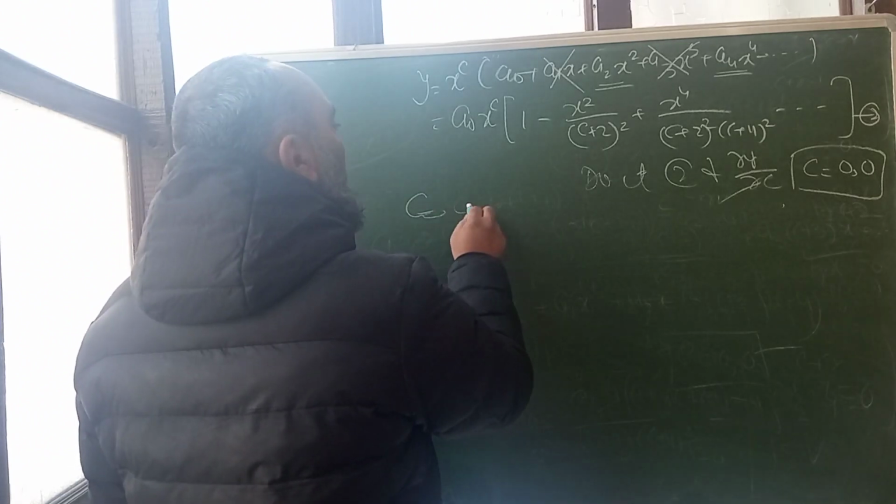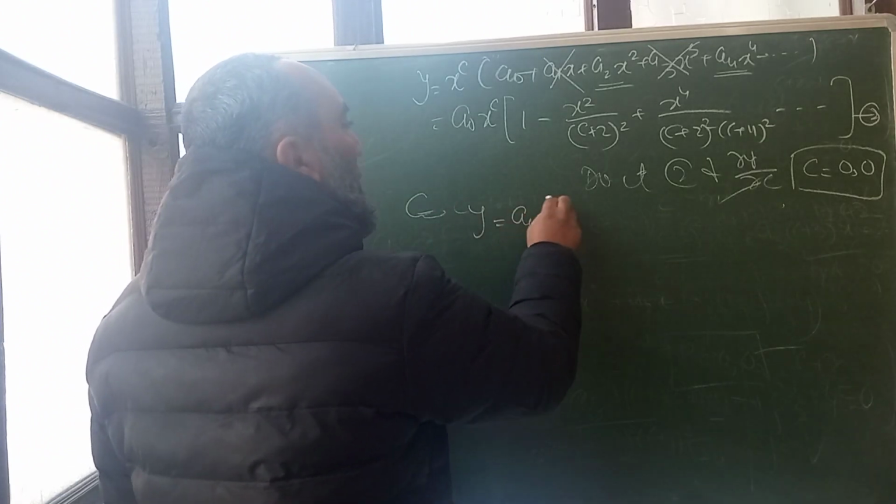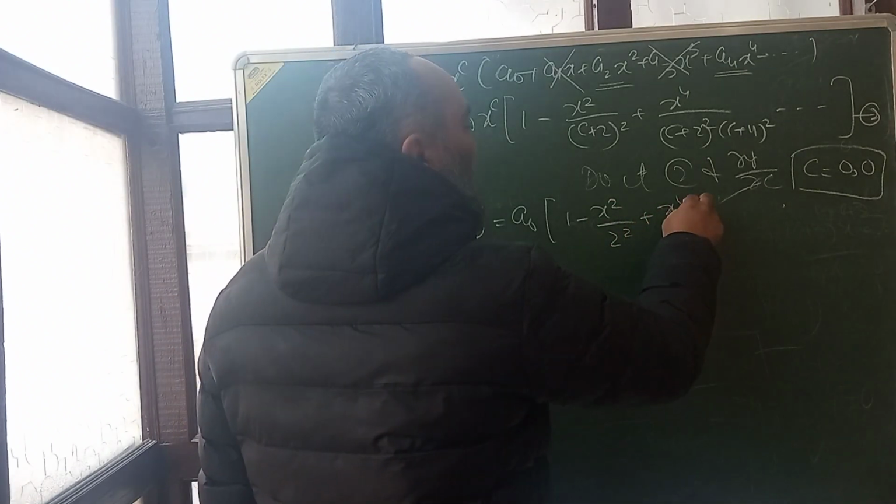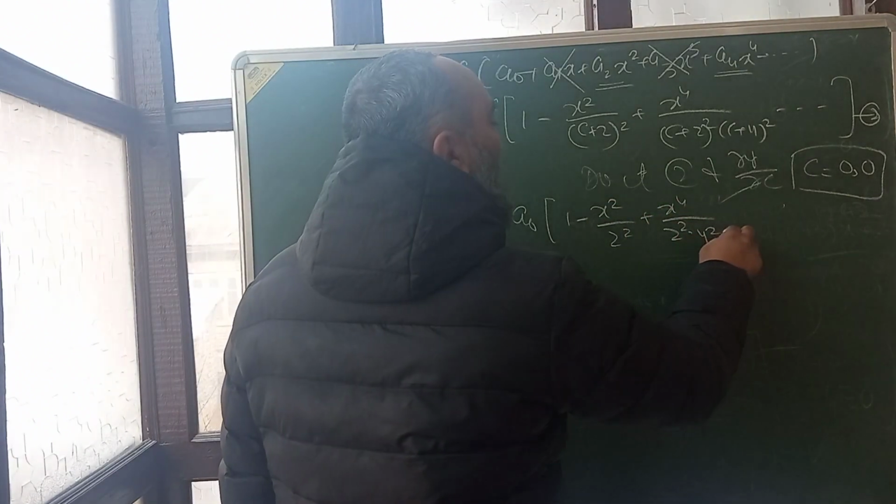You will get Y equal to A0 times (1 minus x square by 2 square, plus x to the 4 by 2 square into 4 square, minus and so on).